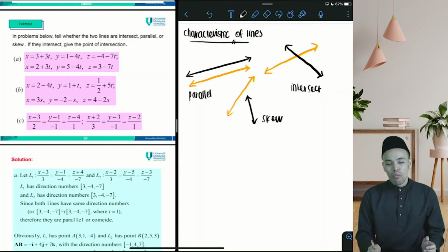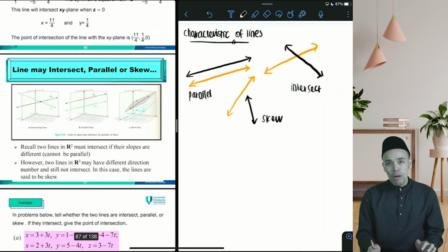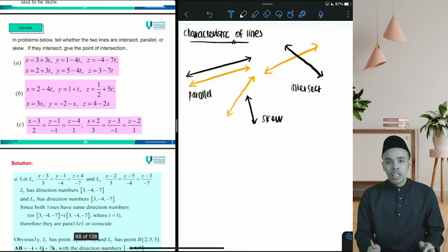As you can see from the illustration, lines can be parallel to each other, intersect with each other, or neither parallel nor intersecting, which we call skew. There are mathematical ways to show whether lines are parallel, skew, or intersecting.